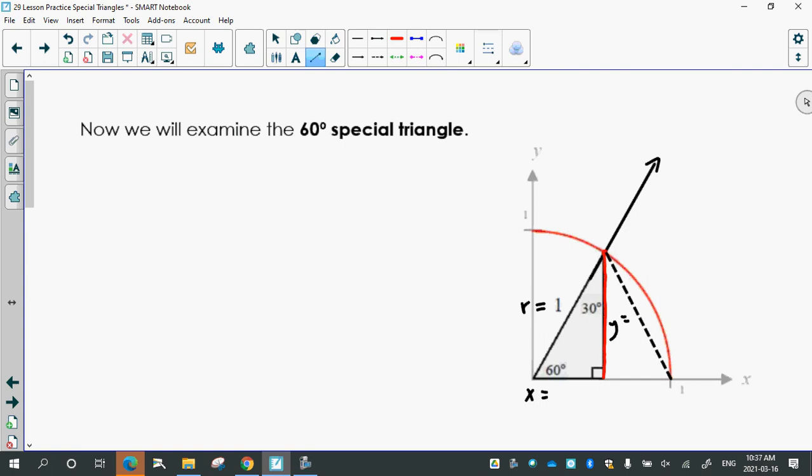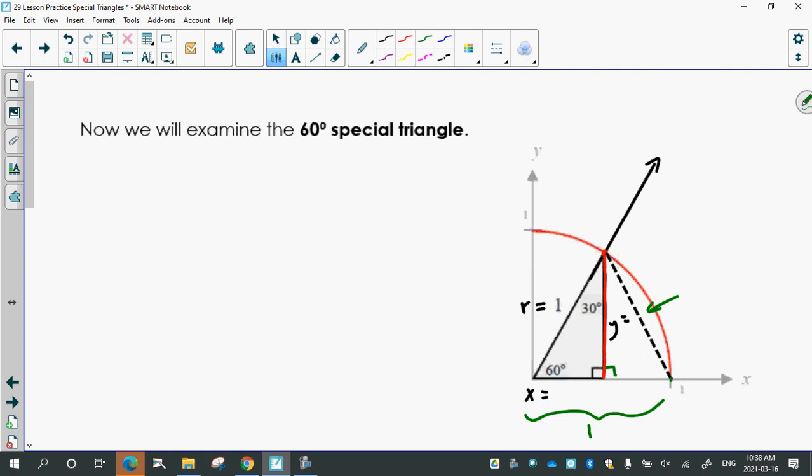If I put in a line there, does everyone see that this from here to here is 1? Because it tells you it is. And how long is that side there that I just dotted, the dotted side? 1 as well?